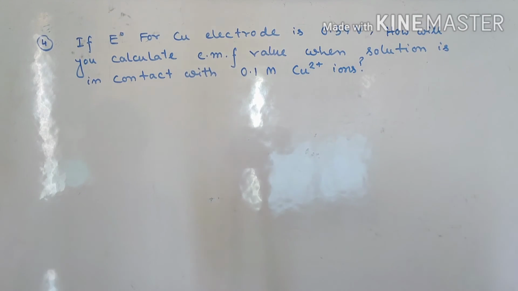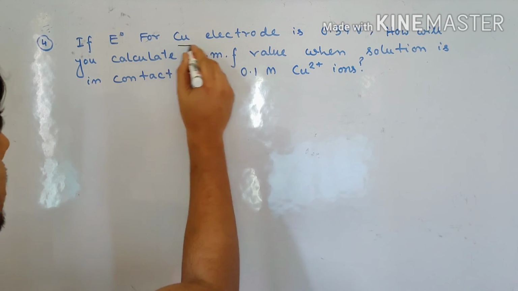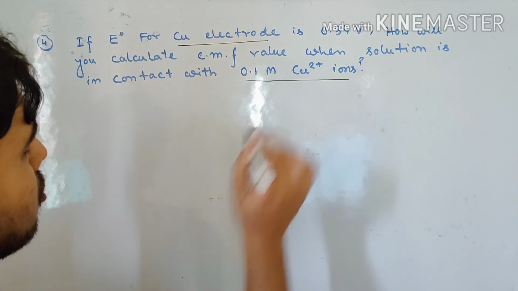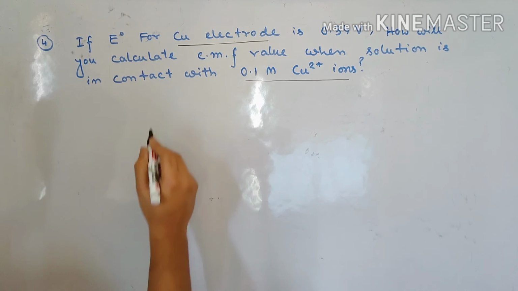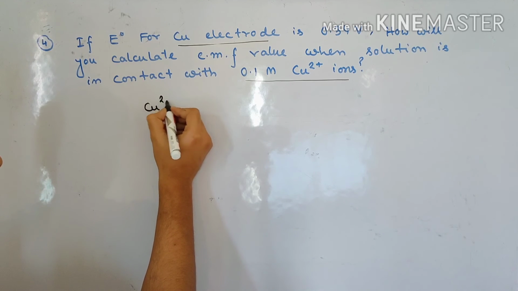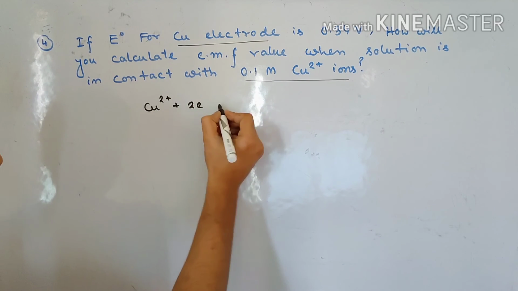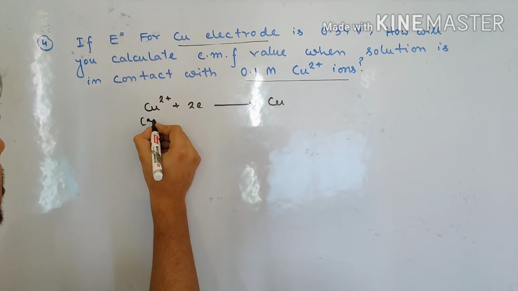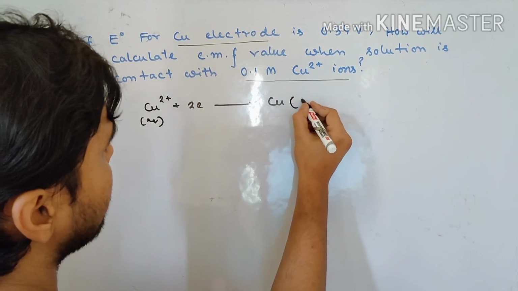Now let us calculate this. So first of all, copper electrode, and the solution is copper 2+ ion. So we can expect that it should be like this, copper 2+ plus 2 electrons giving rise to copper. This should be aqueous, and this is copper electrode, so it must be solid.